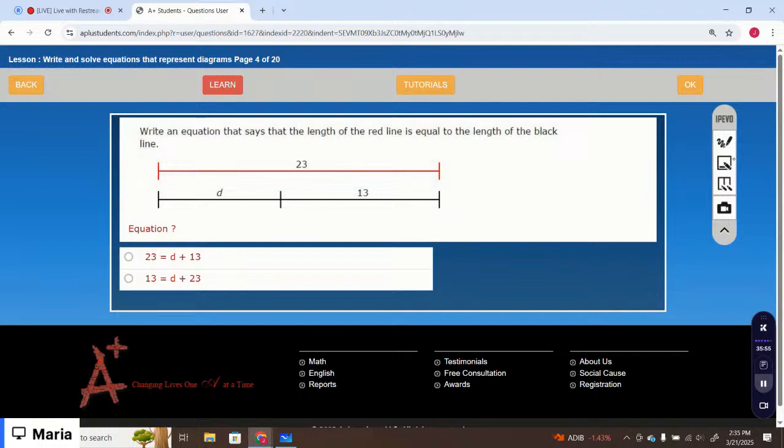Write an equation that says the length of the red line is equal to the length of the black line. That is d plus 13 equals 23. Option number 1 is the correct option.